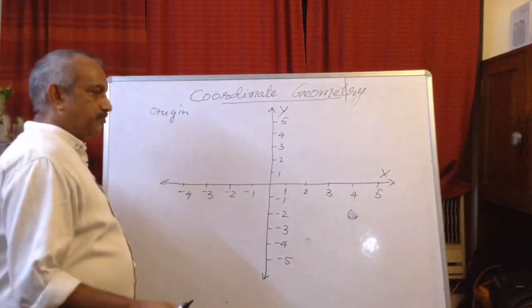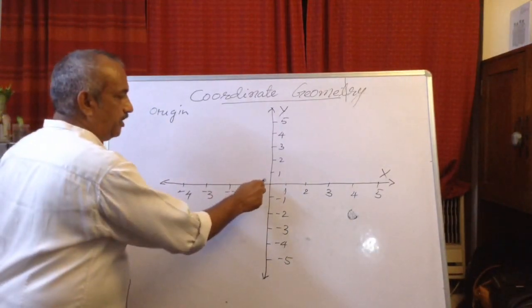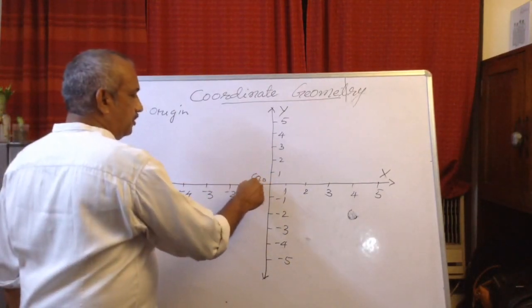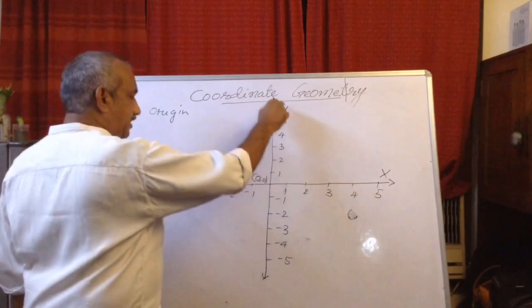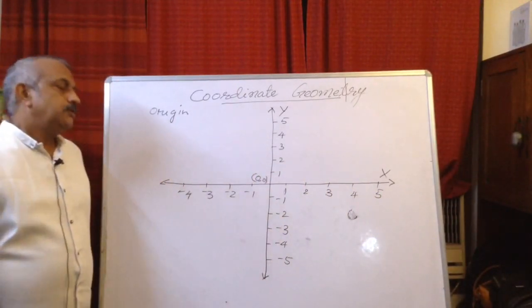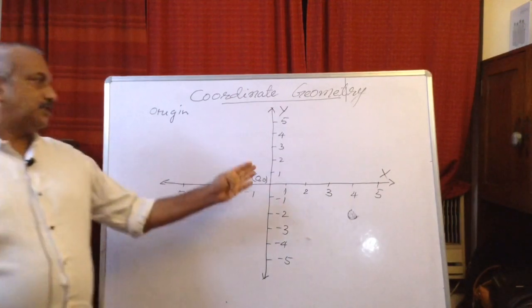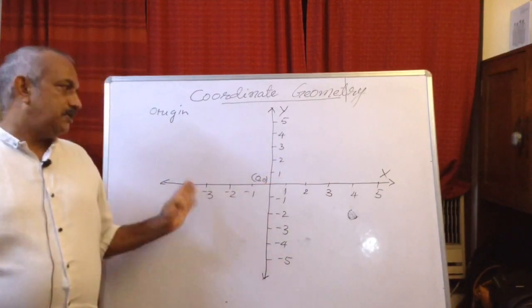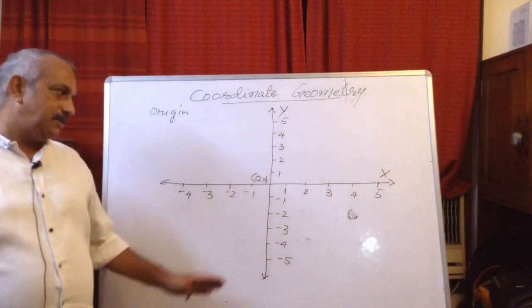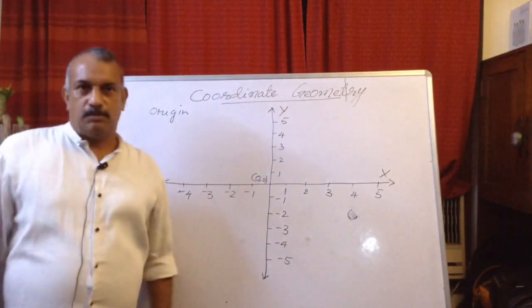I'll start from the beginning. To describe the position of a point on a plane, this point is (0, 0), because on this line it is 0, and again on this line it is 0. Later we'll come to that again. So to describe the position of a point on a plane, we draw two lines, one parallel to the horizontal level and one perpendicular to it.